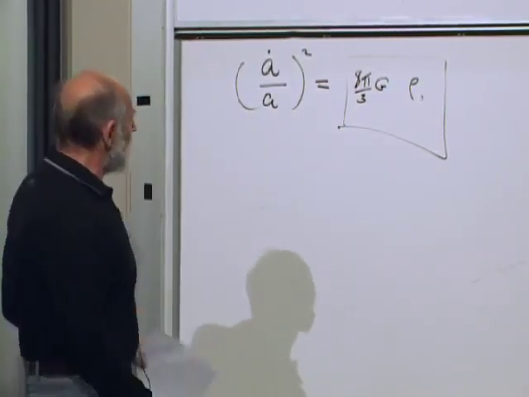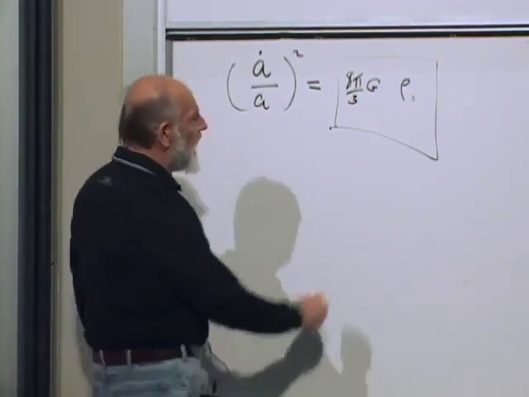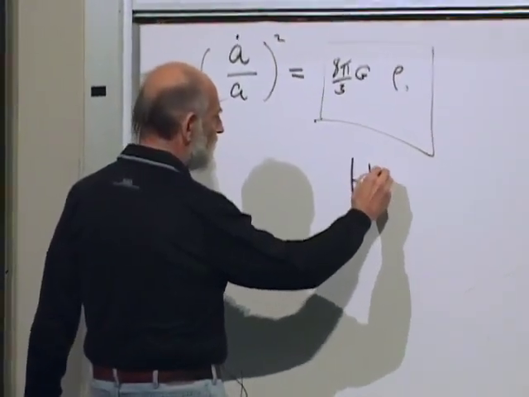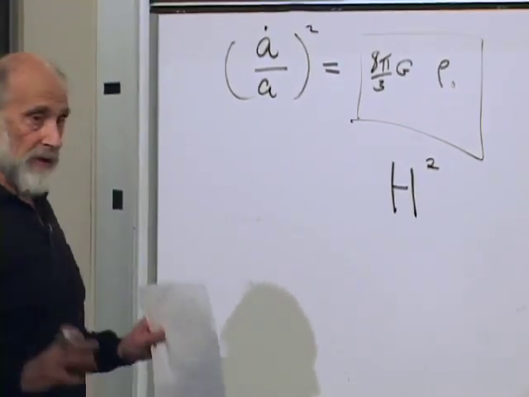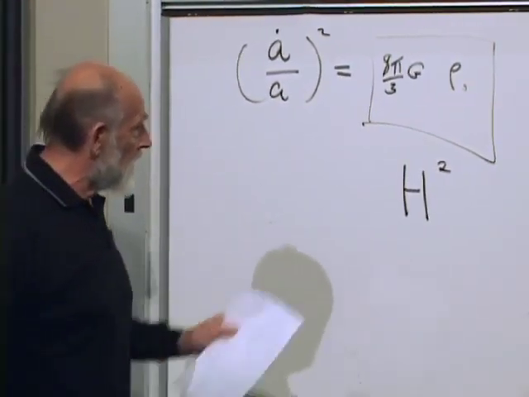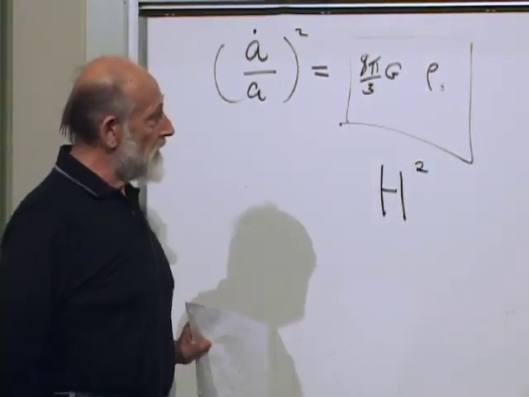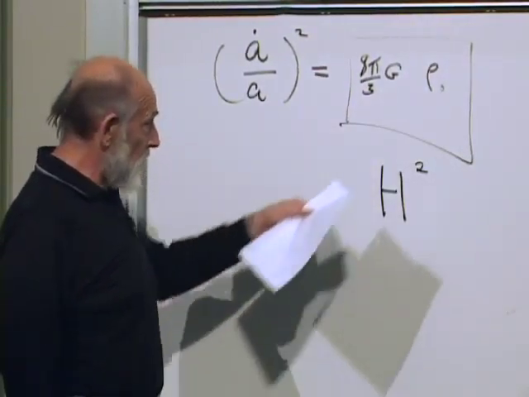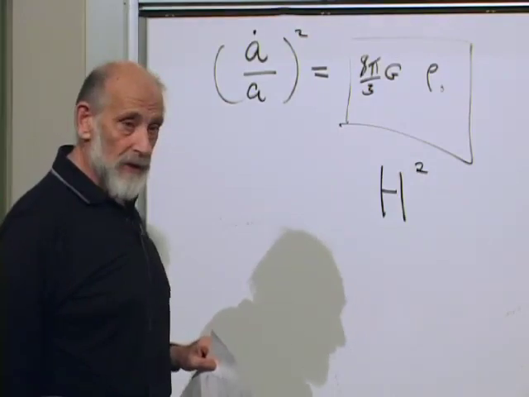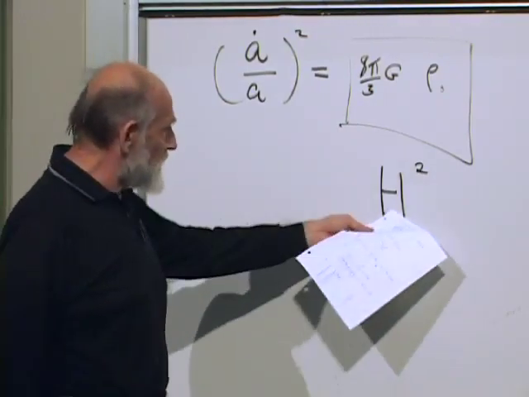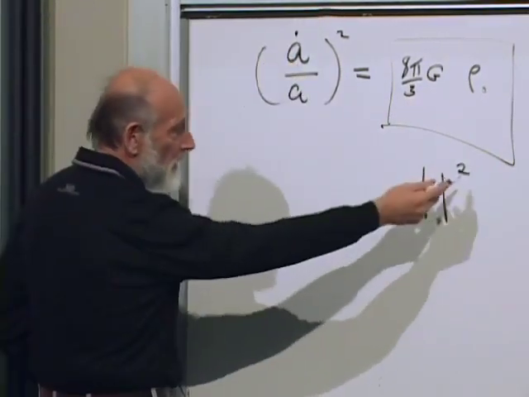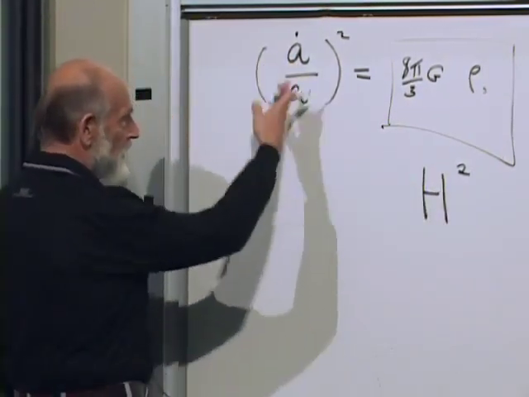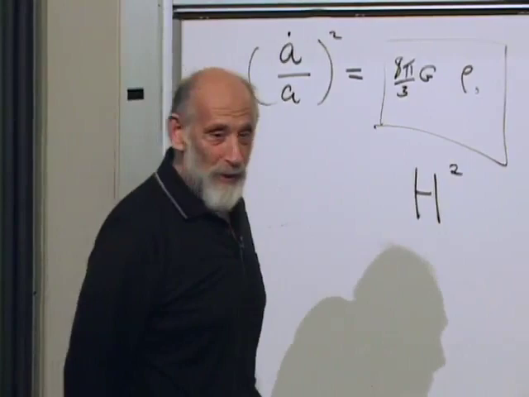Let's call this constant, let's just give it a name, h squared. And h is a constant. It does not change with time. That's the nature of vacuum energy. The nature of vacuum energy is the right-hand side doesn't change. Of course, the reason I'm calling it h squared instead of just h is because the left-hand side is a square.